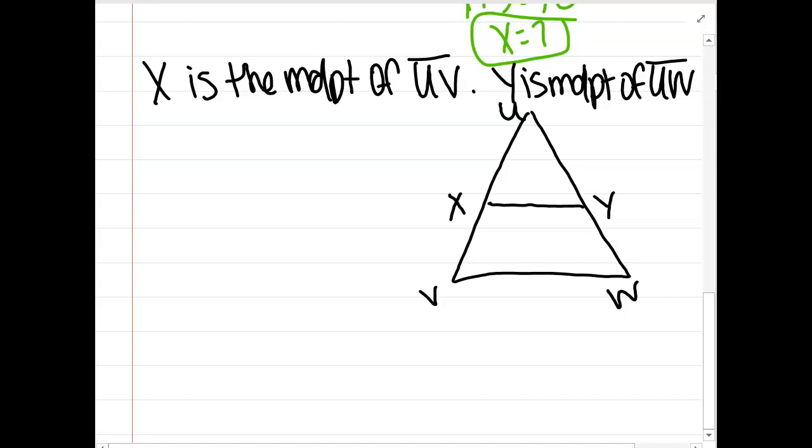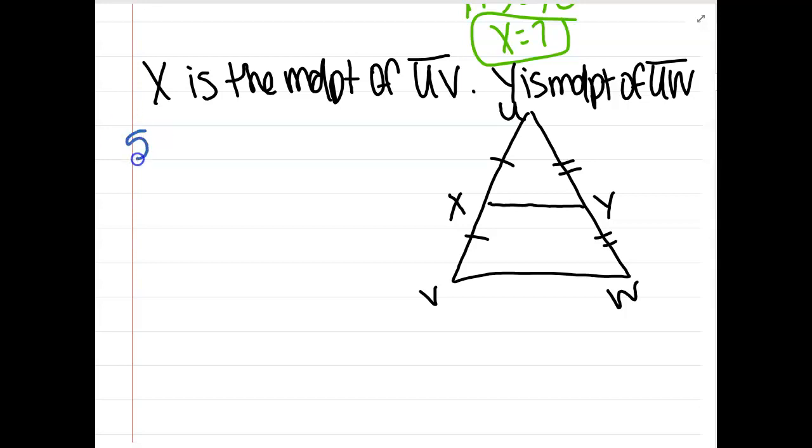Okay, if I know x is the midpoint, what does that tell me? Those two are congruent, and if y is the midpoint of UW, very good. So we also know this is the mid-segment of that.